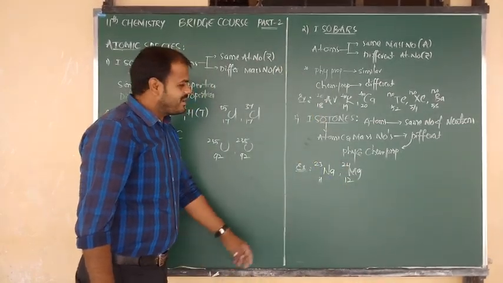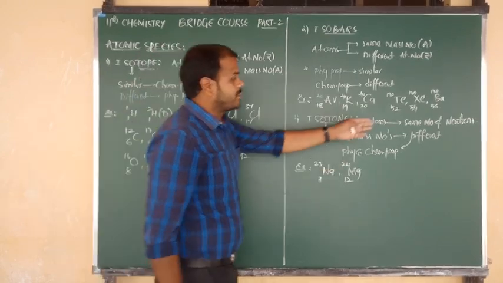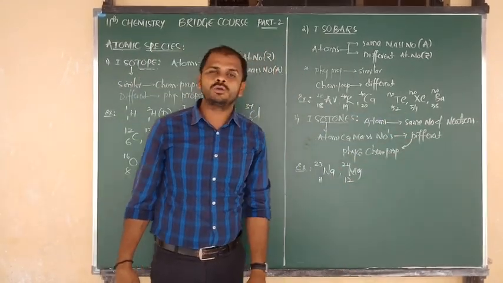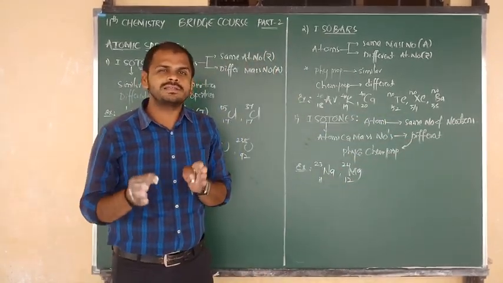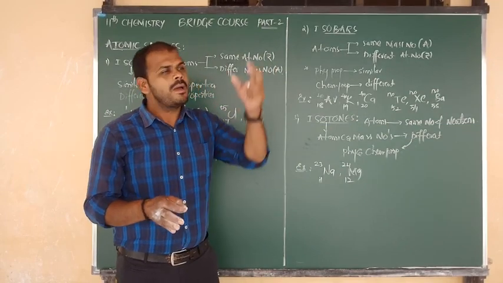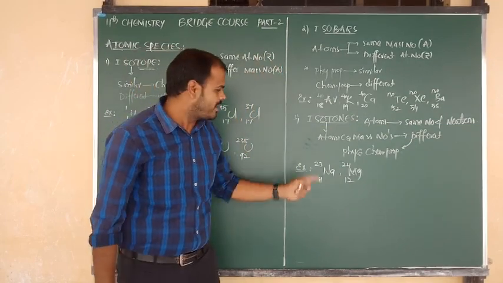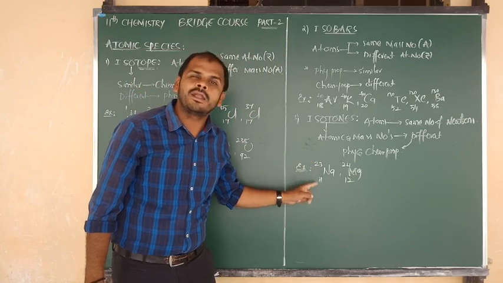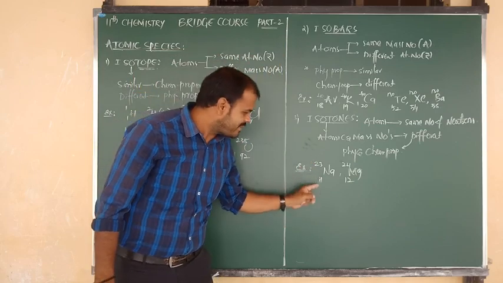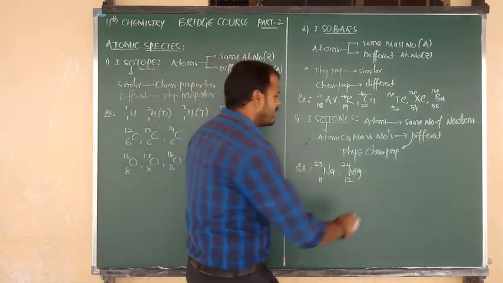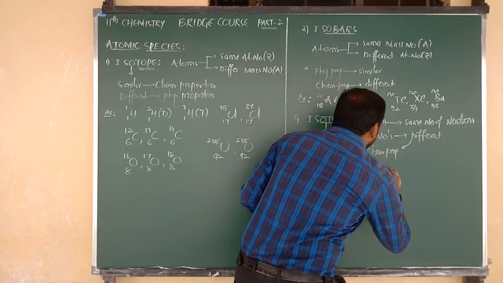Okay, na beta. So how to calculate the number of neutrons? In the last class I already told you, beta, to find the number of neutrons the formula is mass number minus atomic number. So mass number is 23, atomic number is 11. Mass number minus atomic number, that means we get the number of neutrons.